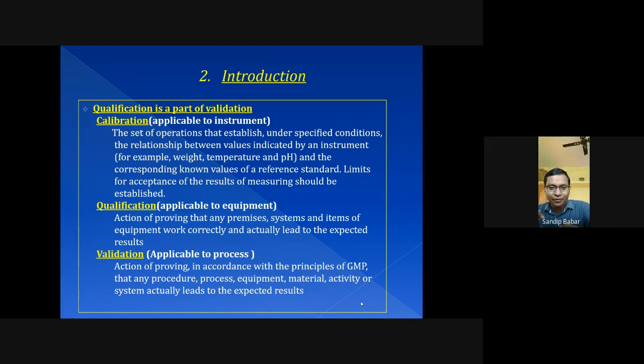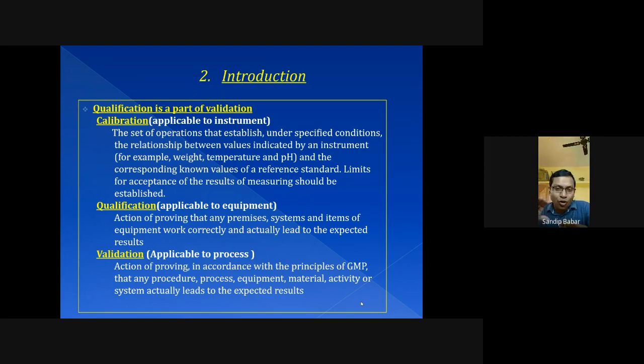Suppose in simple way, we have to calibrate a pH meter. For pH meter calibration, we will use three buffers: pH 7.00, pH 4.01, and pH 9.01 or 10.0. What we will do, we will put the pH probe in the pH 7 buffer. We will run the calibration and it will show some value.